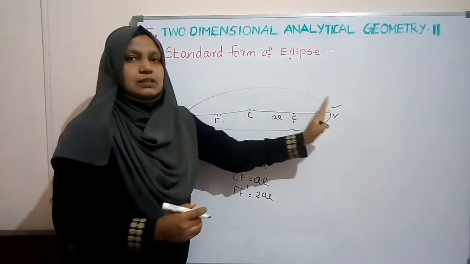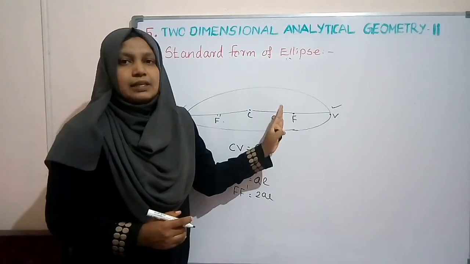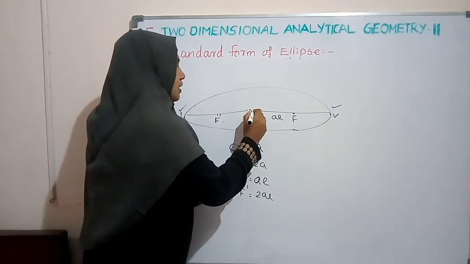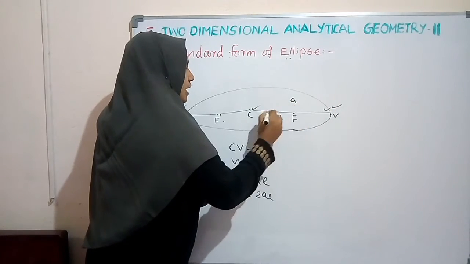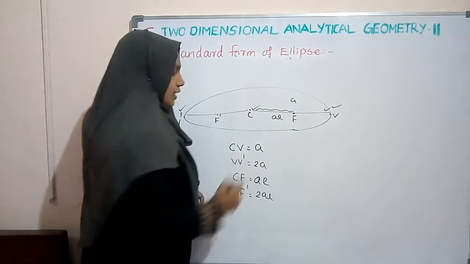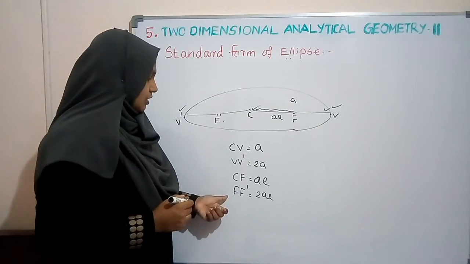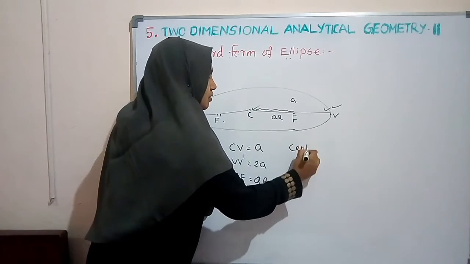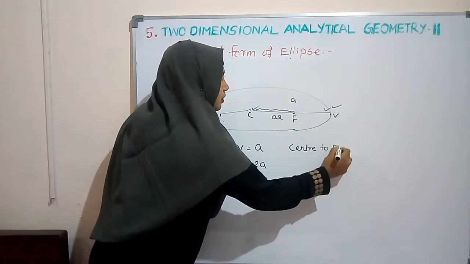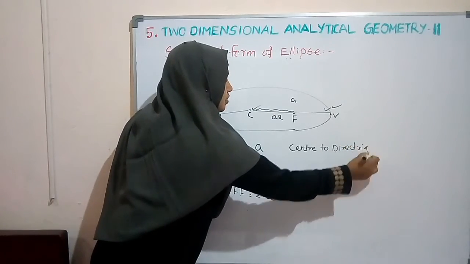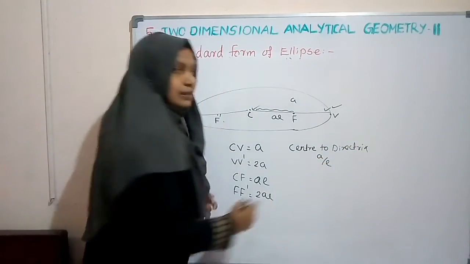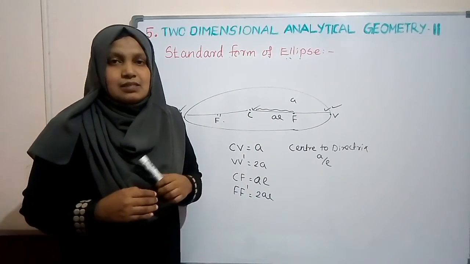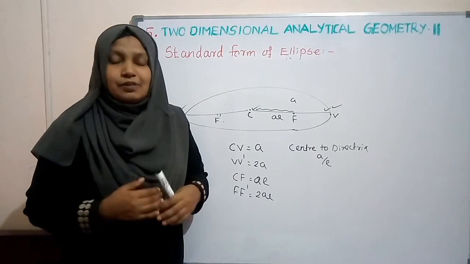Similarly, the distance from center to directrix, what is it? a by e. Directrix to directrix is 2a by e. So these are all the distances you should learn before entering into our exercise.